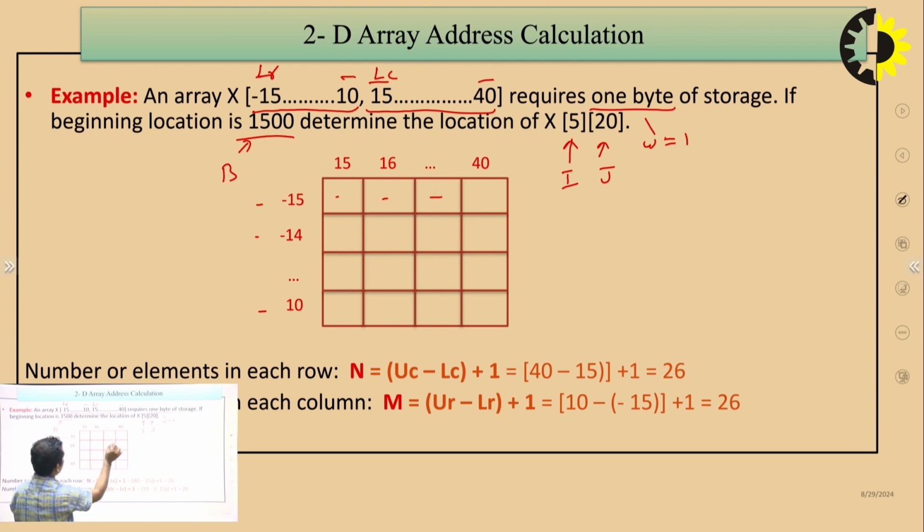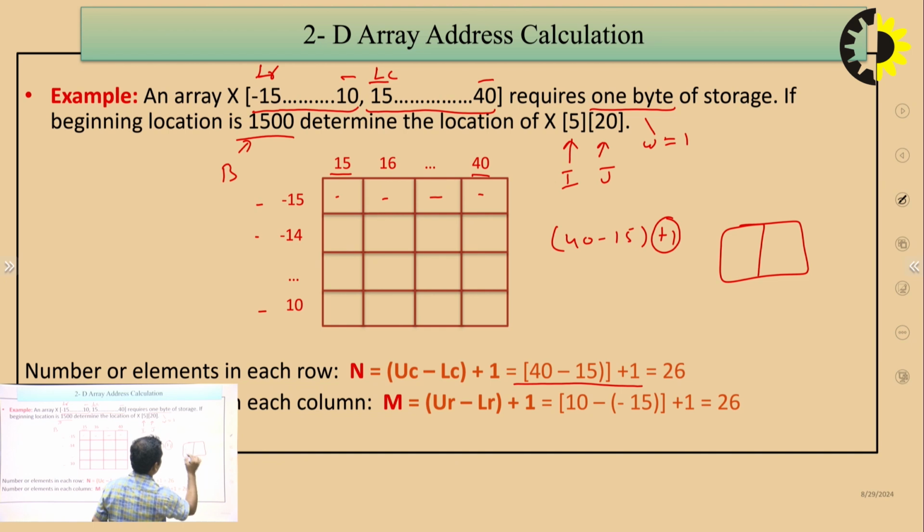The number of elements in each row, that is N: the last index is 40, the starting index is 15, so we add plus 1, because 15 is included. Just as a small example, if the indexes are 0, 1, 2, then the number of elements is the last index minus the lower index plus 1, that is 2 plus 1 equals 3 elements in each row.